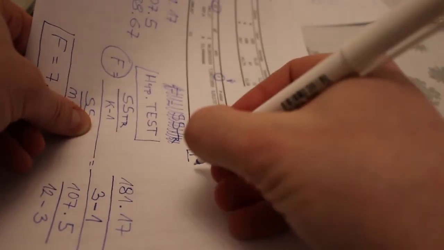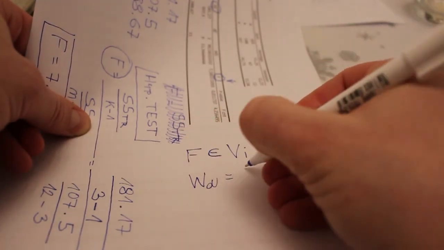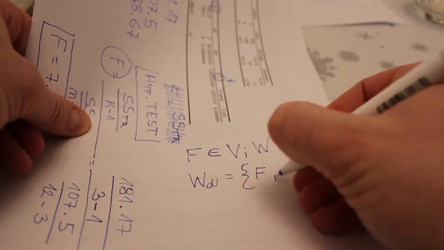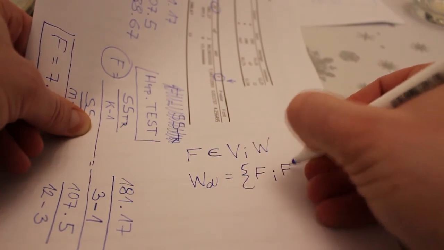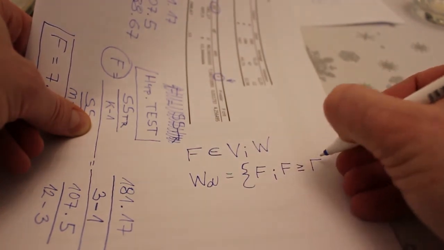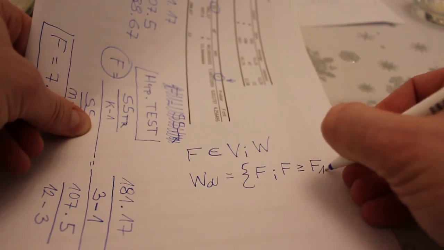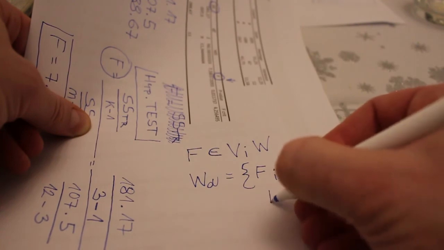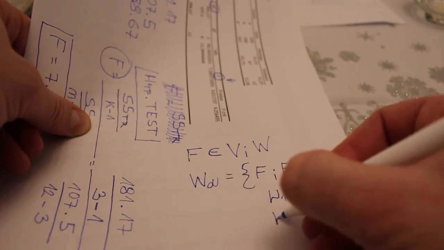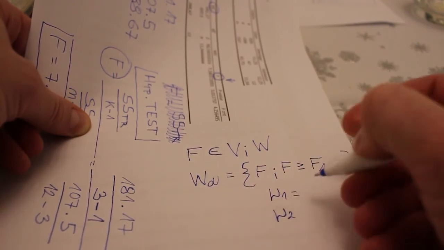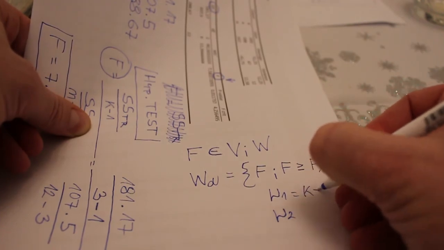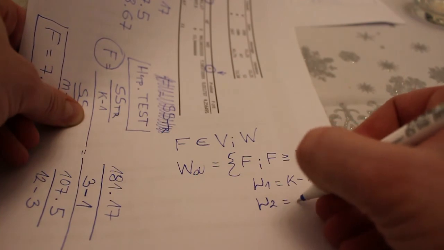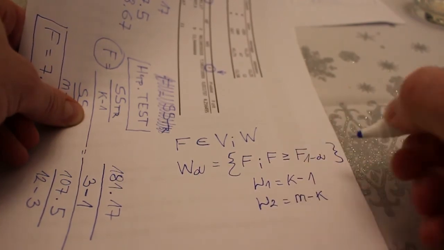And the rejection region, W alpha, is valid if F is higher or equal to the critical quantile F 1 minus alpha with degrees of freedom nu1 and nu2. nu1 is equal to k minus 1 and nu2 is equal to n minus k.